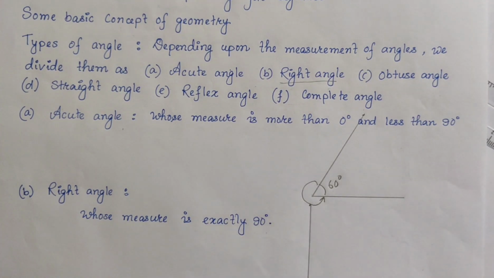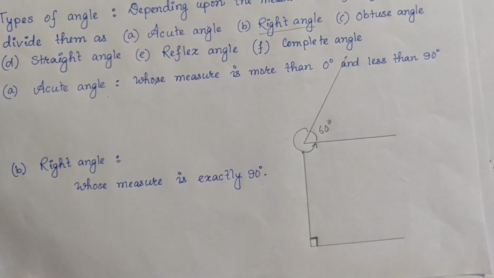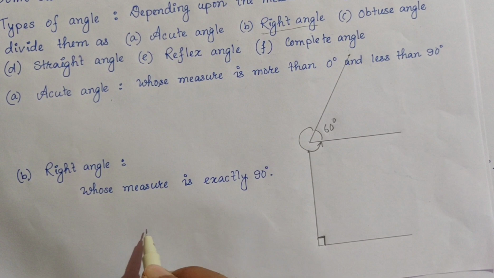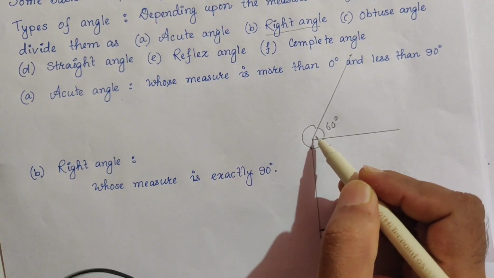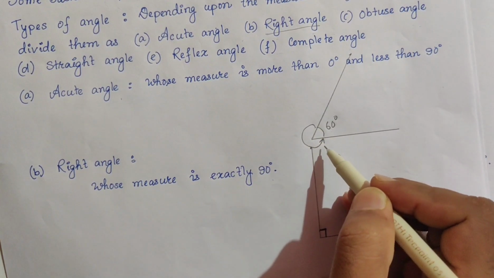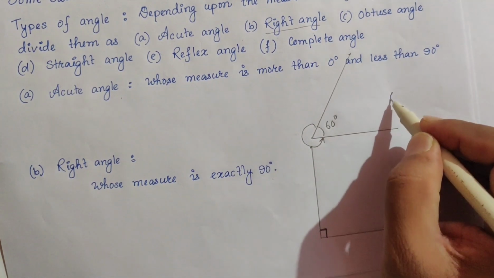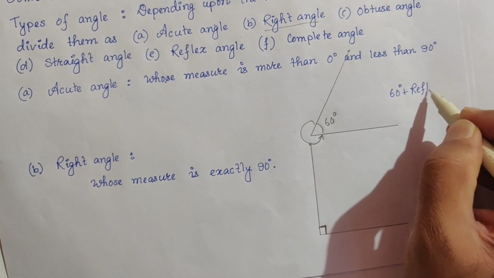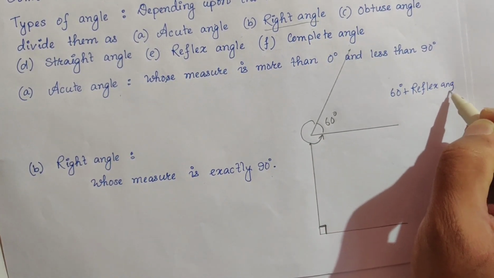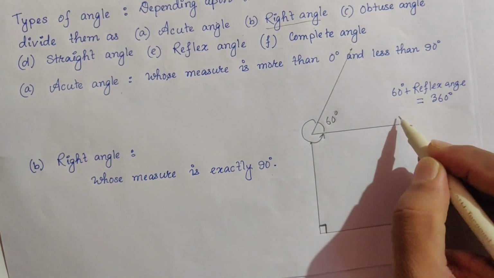Here, this acute angle is 60 degrees. So what is the value of this reflex angle? Remember that the total value of the angle at a point is 360 degree. So this acute angle is 60 degree. That means 60 degree plus this reflex angle is equal to 360 degree.